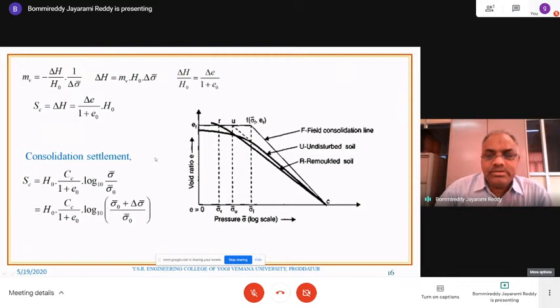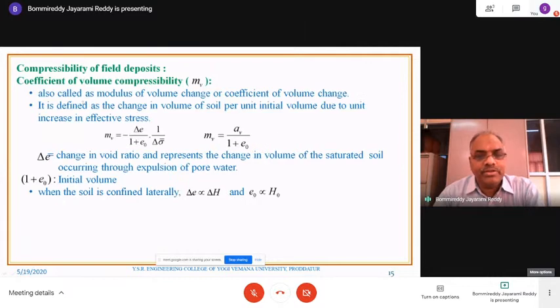Now look at all this, it is also a continuation of the previous one. You know MV equal to, in the previous case you can look at the previous formula, delta E by 1 plus E. Delta E can be written as delta H. 1 plus E naught can be written as H naught.